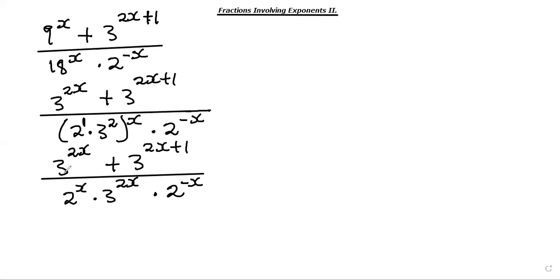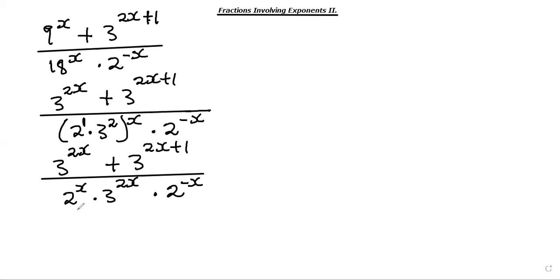But now if you look at the numerator, you have 2 terms, and you realize that you have 3 to the 2x as the highest common factor. But in order for you to access it here, you must reverse the first law.